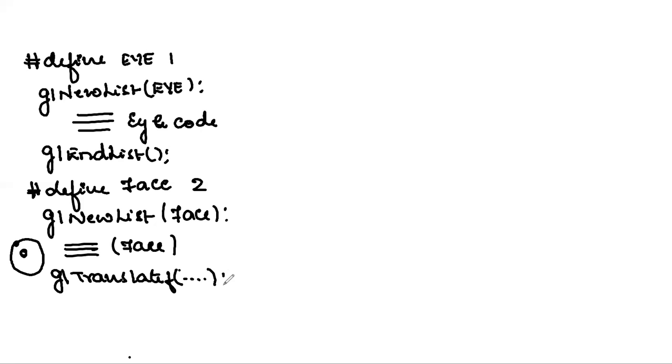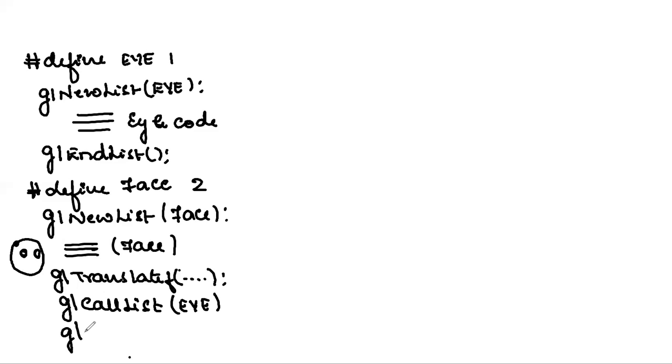After the translate arguments, we will call glCallList. We had written in the previous one glCallList of BOX. Now let us say I want to draw the eye, so I'll say glCallList of EYE. Now it looks like we have the outline, and inside we have one eye. I want one more eye here, so I need to move here and then draw this.